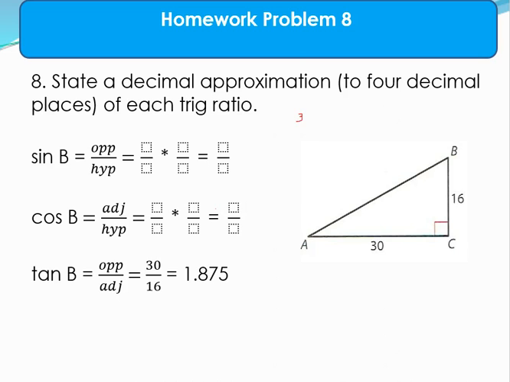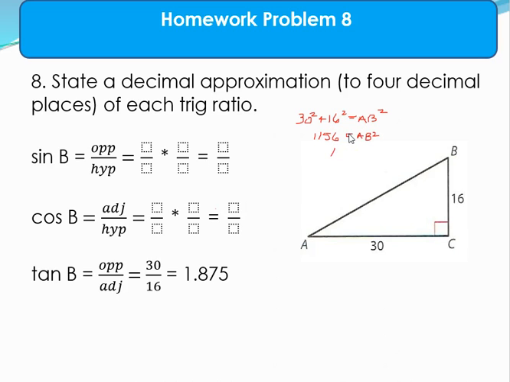We'll have 30 squared plus 16 squared equals AB squared. 30 squared plus 16 squared is 1156. That's AB squared.